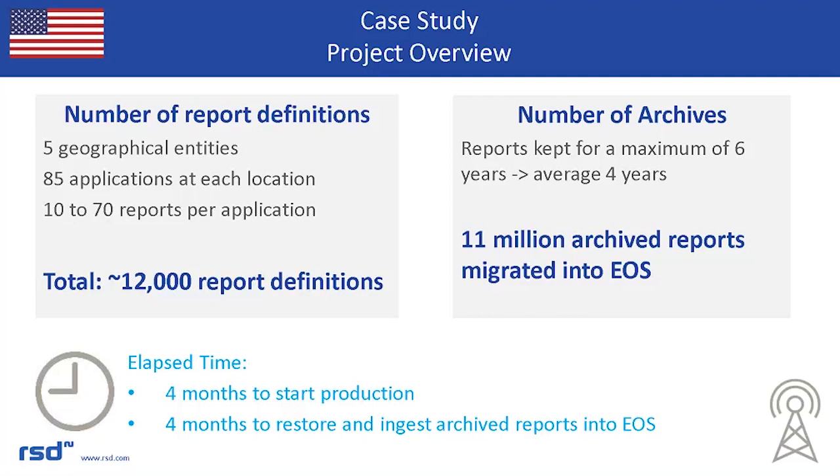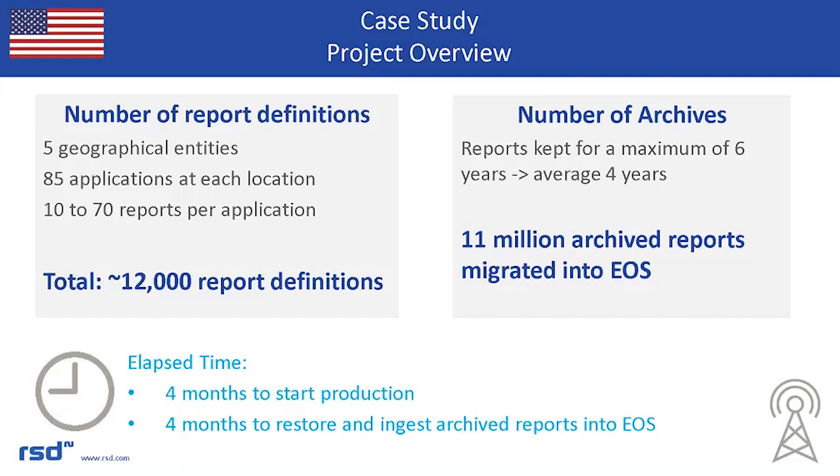Well, the elapsed time on this was about 4 months to start the production migration. This was about 4 months of the migration phase. And then there was an additional 4 months to restore and ingest archive reports into EOS.